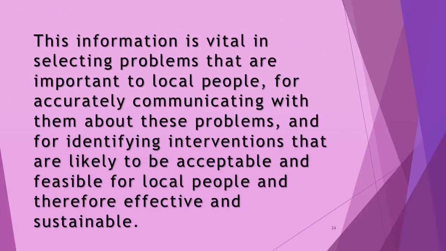This information is vital in selecting problems that are important to local people, for accurately communicating with them about these problems, and for identifying interventions that are likely to be acceptable and feasible for local people and therefore effective and sustainable.